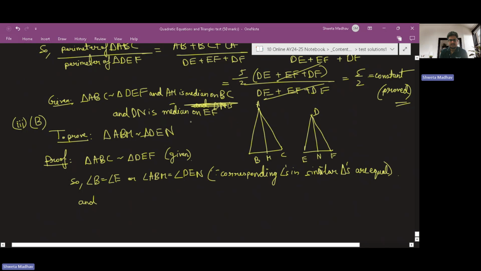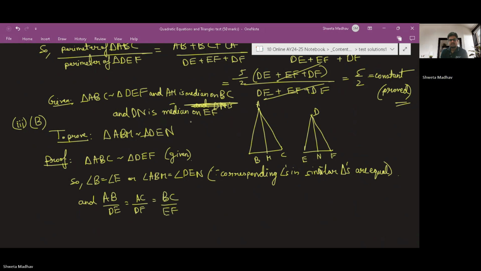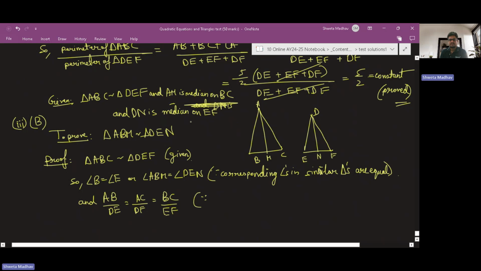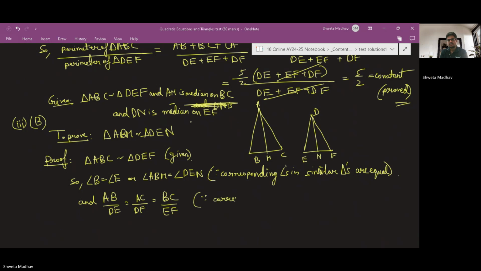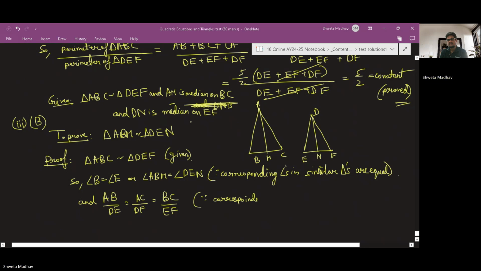And I can say that AB by DE is equal to AC by DF, that is equal to BC by EF, since the corresponding sides of similar triangles are proportional.